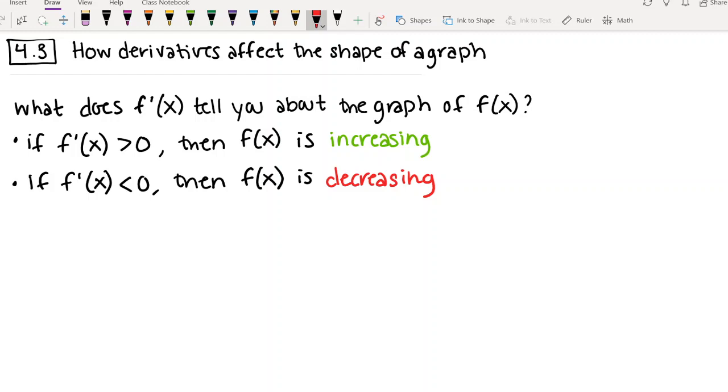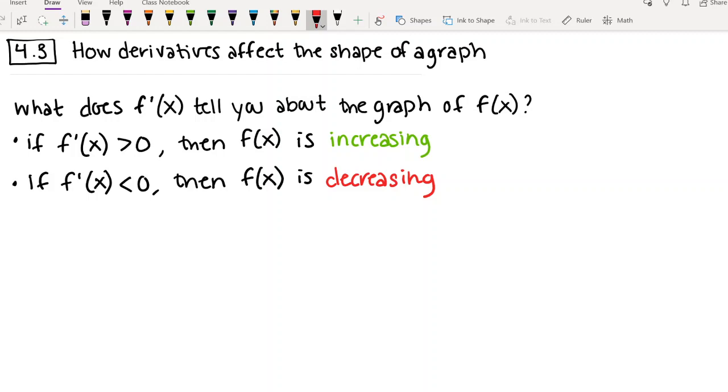I'm going to leave that off because we'll come back to that idea tomorrow. We know that if the derivative equals 0, then it's neither increasing nor decreasing. And what we saw in last week's videos is that means we have a critical number, and it could be a local max or min, but it's not guaranteed to be. Again, we'll come back to those ideas tomorrow and see how that fits in with everything else.